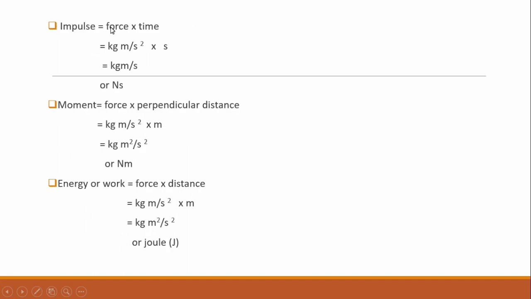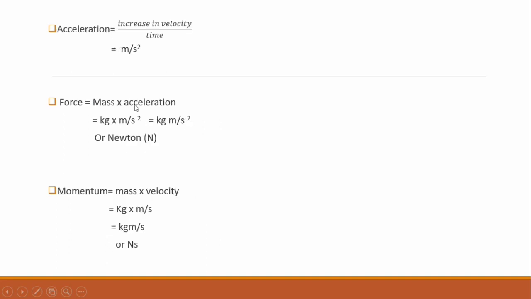Impulse. Impulse mathematically is given by force times time. And we have shown before that the unit for force is kg meter per second square.